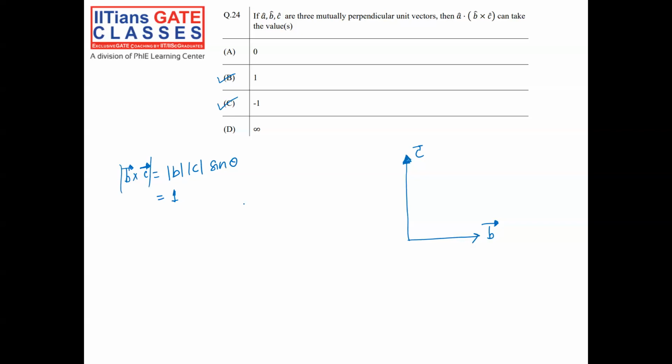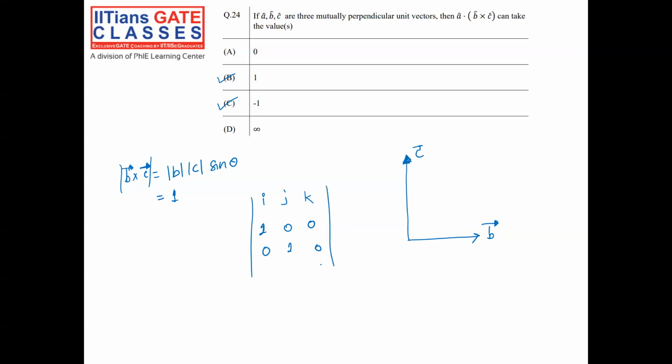Also, by taking the cross product we can find it directly. Let's say b bar would be 1 0 0 and c bar is 0 1 0.